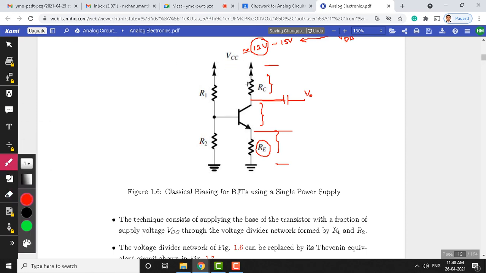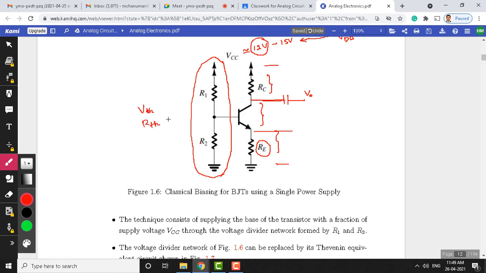Now, this part of the circuit, this part that I am circling here. Okay, for this part we will apply Thevenin's theorem. We need to find out, at the base of the transistor, what is VTH, Thevenin's voltage, and RTH.